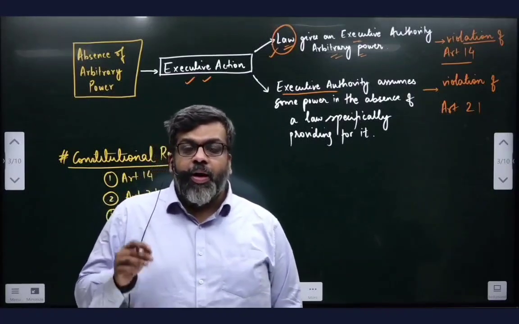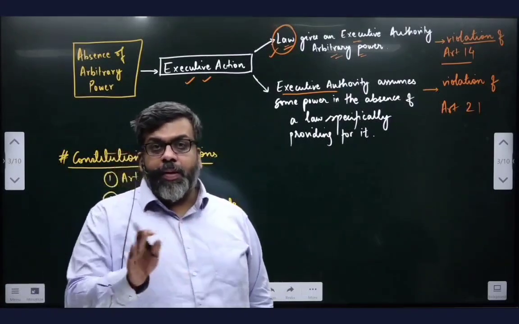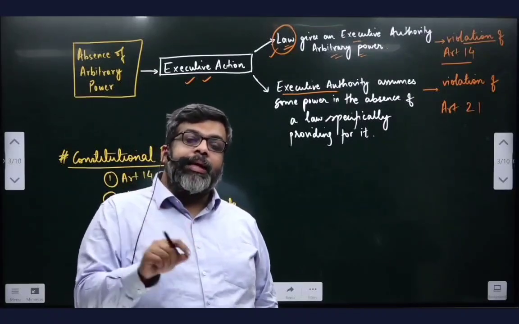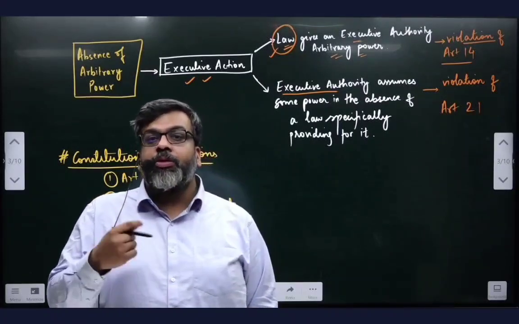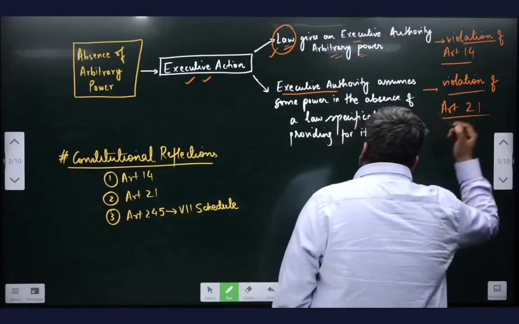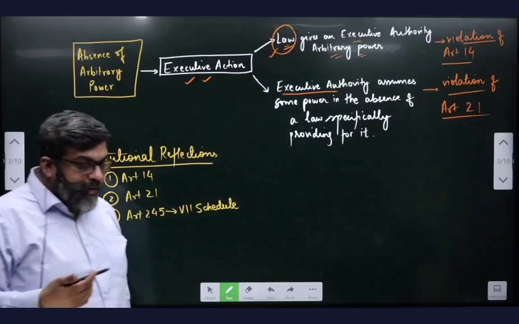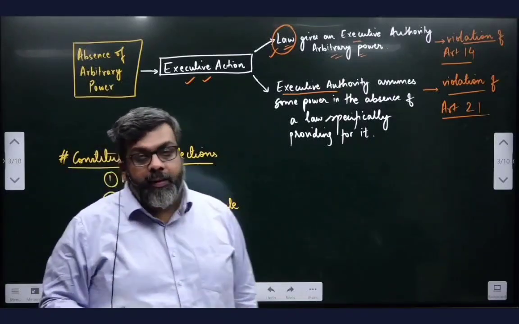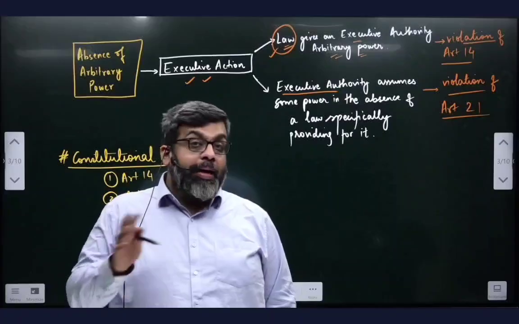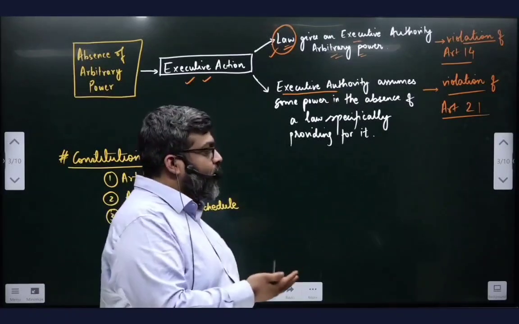And therefore, when you decide to do this, you are doing this not because a law is giving you the powers to, but because you as the executive authority have assumed the powers to do so. It would largely be a violation of Article 21, because you are effectively violating the life or personal liberty of somebody, and there is absolutely no procedure under the law that allows you to do so.